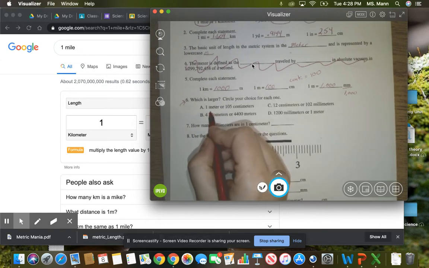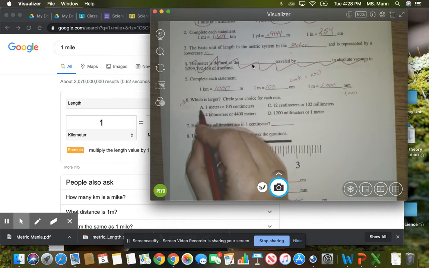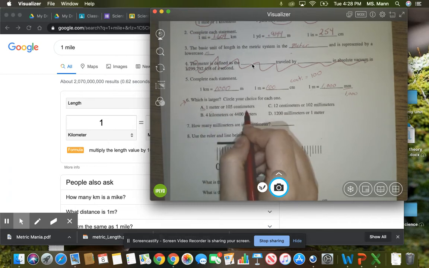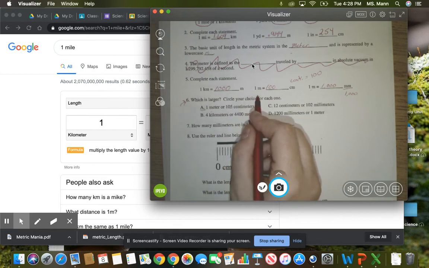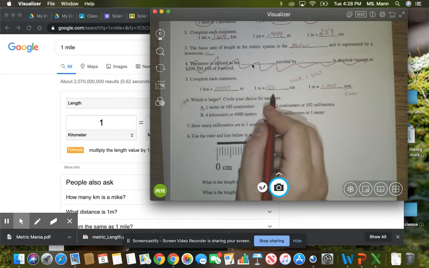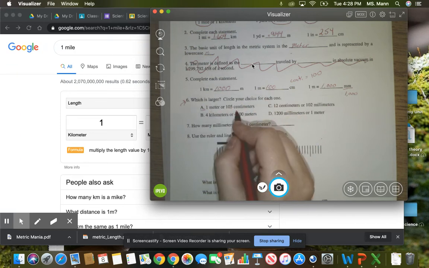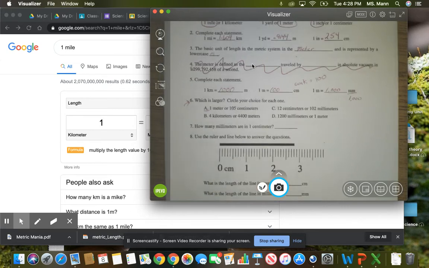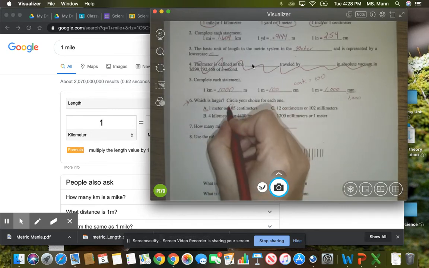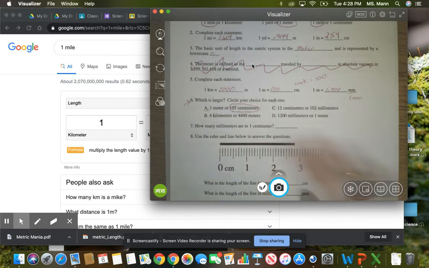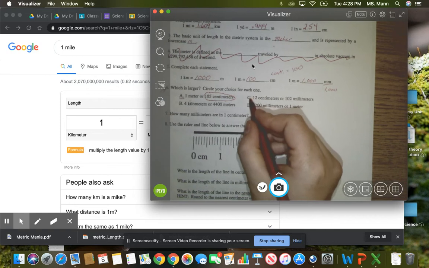You have to circle which is larger, 1 meter or 105 centimeters. How many centimeters go into a meter? 100. So 100 of those is a meter, but there's 5 extra. So 105 centimeters would actually be bigger.